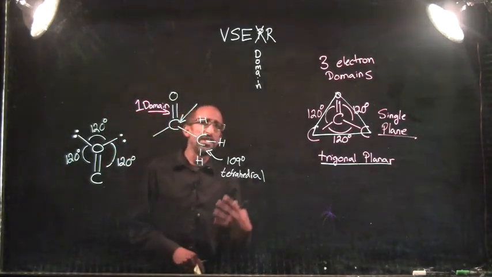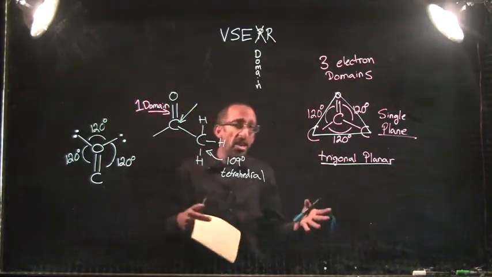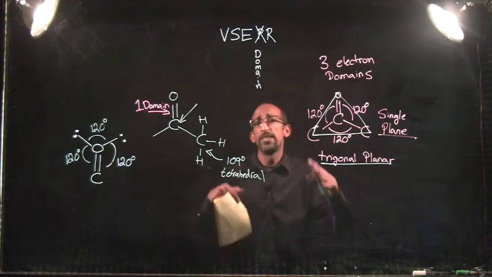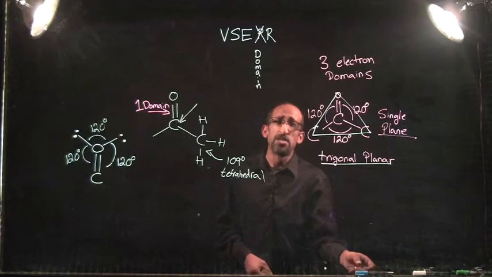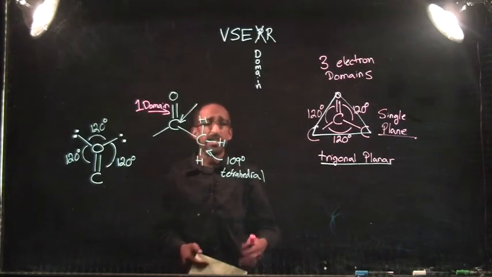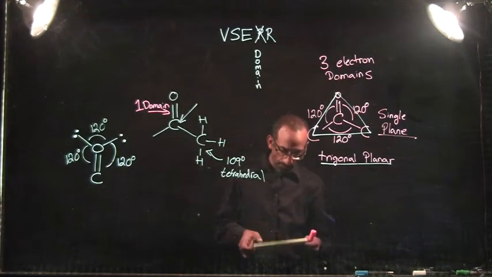I'm really reinforcing the number of electron domains and the bond angles, because this is going to play really heavily when we get to topic 7 and talk about atomic orbital theory versus hybrid orbital theory.